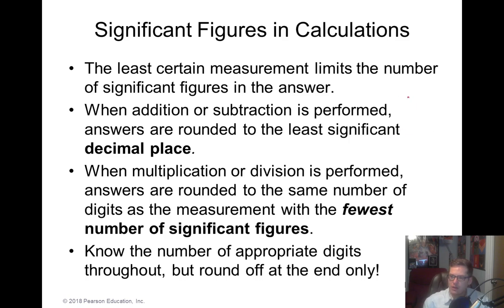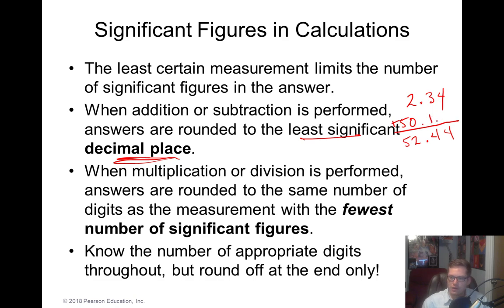So if you have 902.34 and 50.1, and you're going to add these guys together, what I want you to do is just add them together like normal and write out your answer. You're going to say, all right, that's 952.44. Now, you have to figure out where the least significant decimal place is. Well, the least significant decimal place is this 1 on that 50.1. That's the least significant.